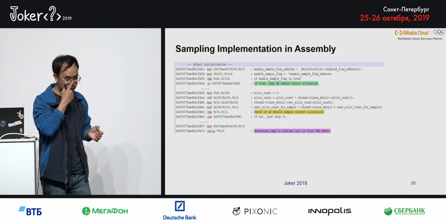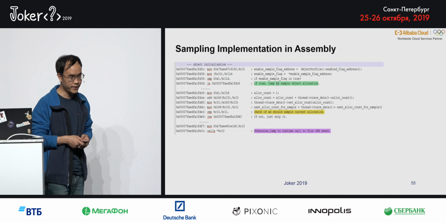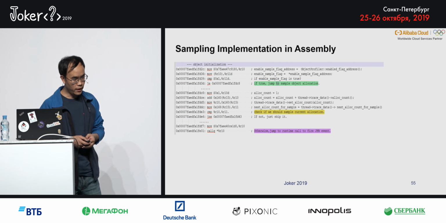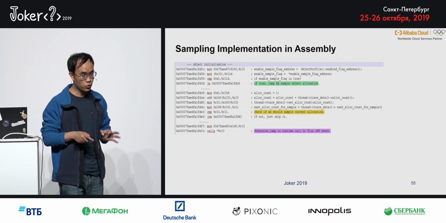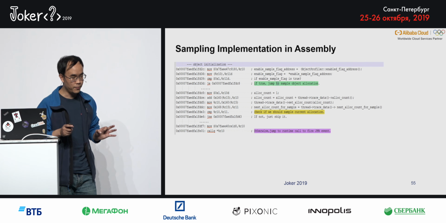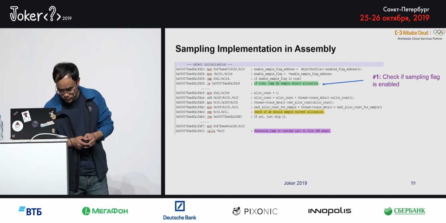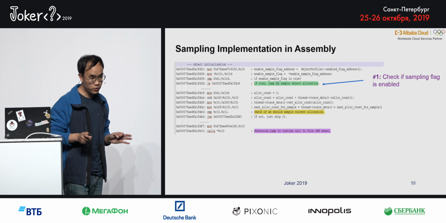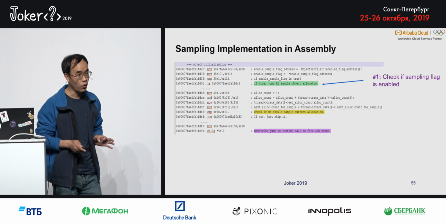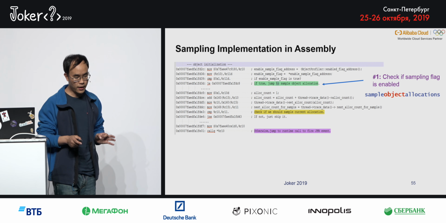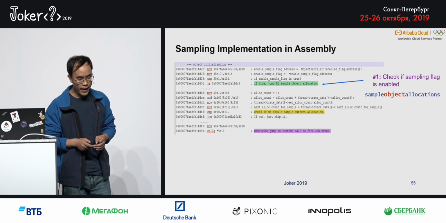So this is the implementation, how we implement object allocation samples. This is a piece of pseudocode. I just show the skeleton of our implementation. Majorly, we have three steps. In the first step, we just check whether or not the sampling flag is enabled. Actually, we just check this option, sample object allocation.